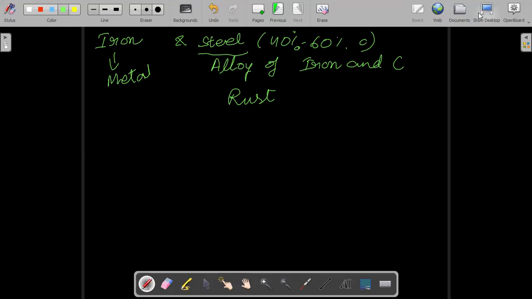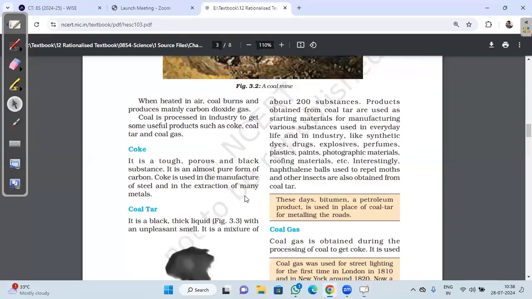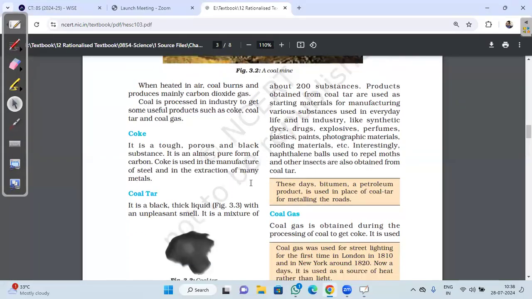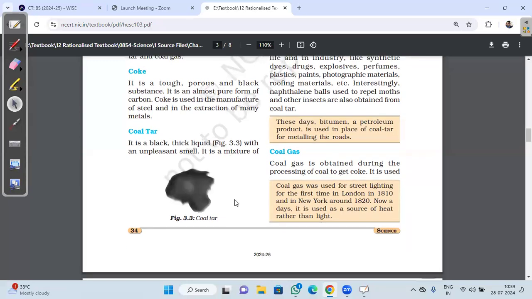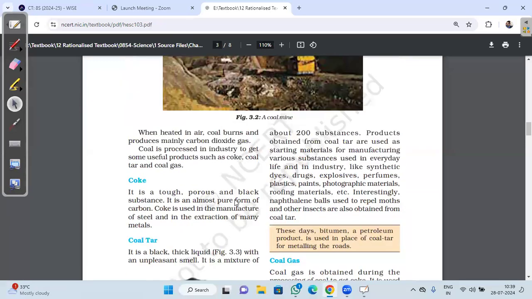Got it? The next is coal tar. Coal tar is a black, thick liquid with an unpleasant smell. It is a mixture of a number of substances, about 200 substances.